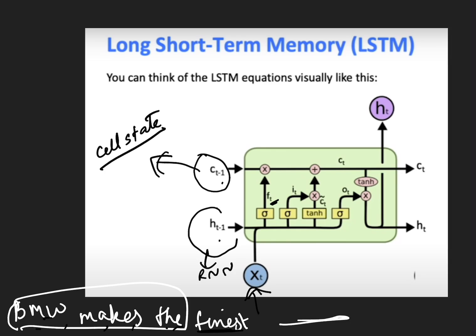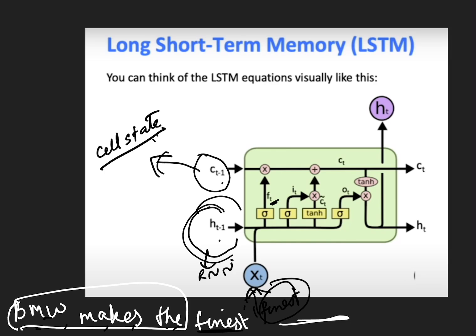The hidden state, you will come to know by the end of this what ht-1 represents. In an RNN it would represent these things, but since we are talking about LSTM, the cell state represents this information. xt is my current word, which is finest. When the word finest goes in, it takes my hidden state and my current word finest, and it will decide what should be forgotten now.